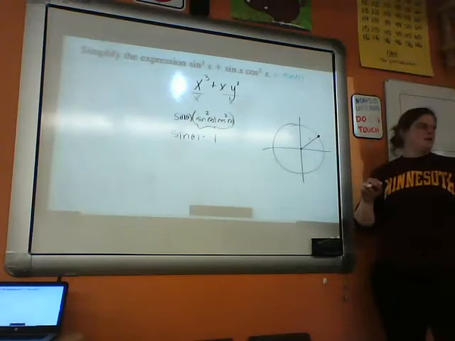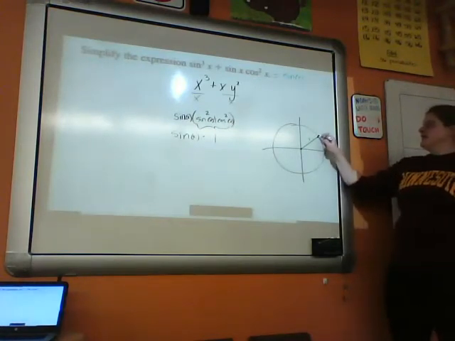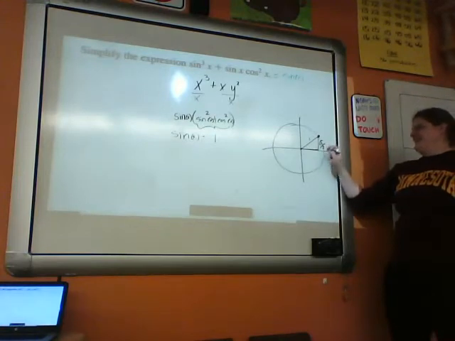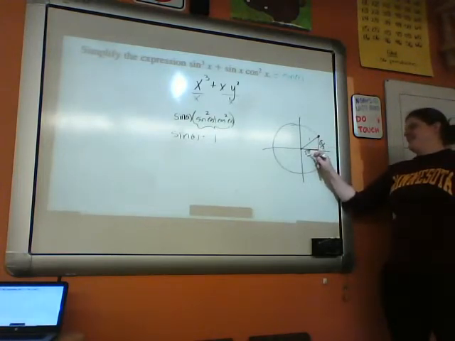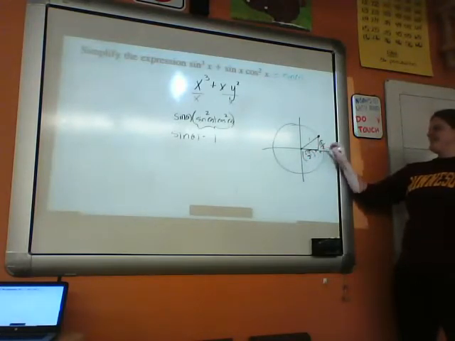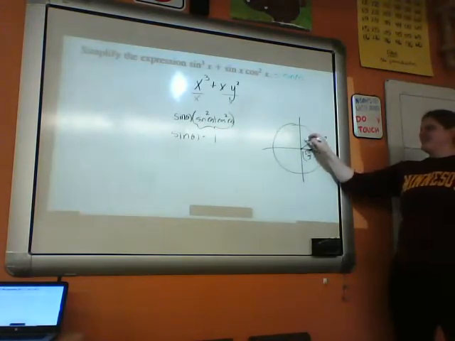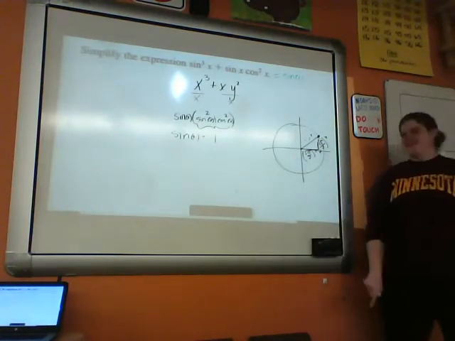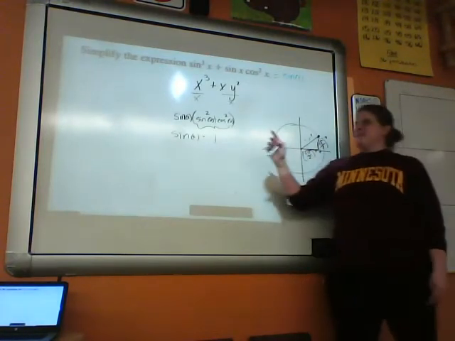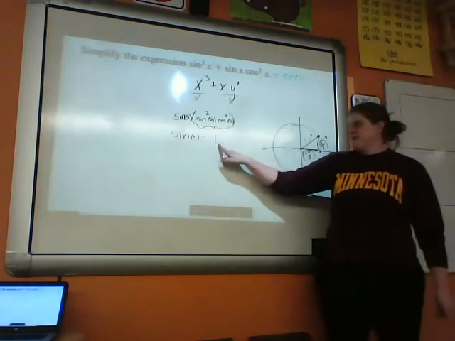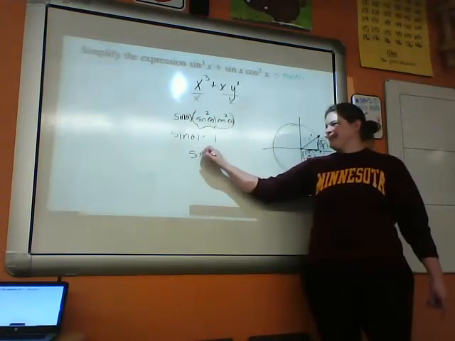That's why we call it a unit circle. See, this squared plus this squared equals this squared. So back to the Pythagorean identity: sine squared plus cosine squared equals 1. And so the answer is just sine.